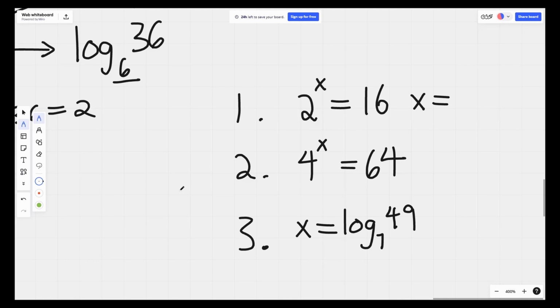So you can both rewrite it into a logarithmic expression, and you can also evaluate it to practice solving logarithmic expressions.